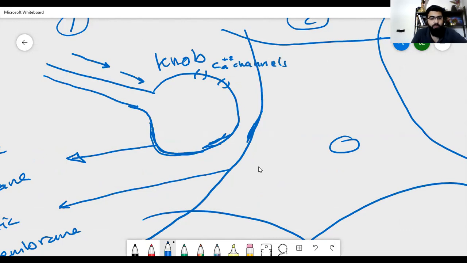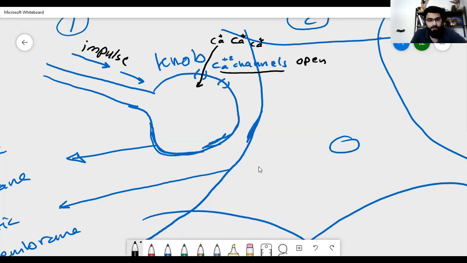These channels open when the impulse arrives. Calcium ions found outside diffuse inside the knob. When they diffuse inside, there are vesicles containing chemicals. These chemicals are called neurotransmitters.